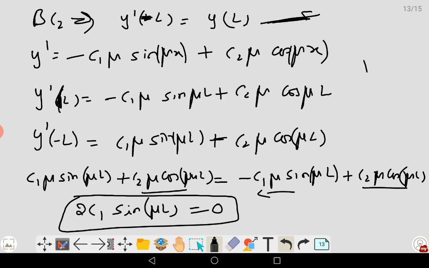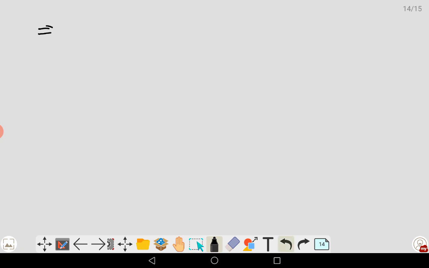So here we assume C2 is 0; in the previous case we assumed C1 equal to 0. Here if C2 is 0, then C1 is not equal to 0. This gives sin mu L should be 0, since C1 is not equal to 0.